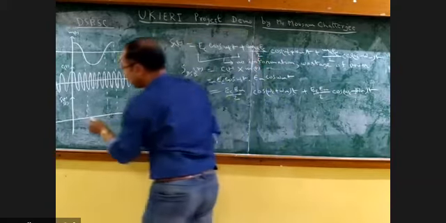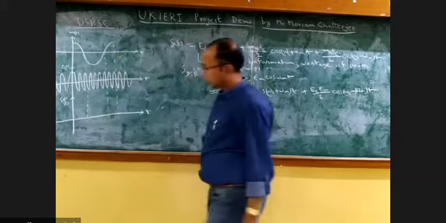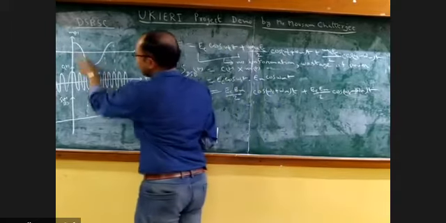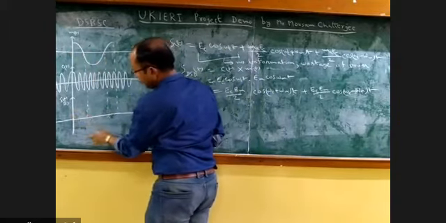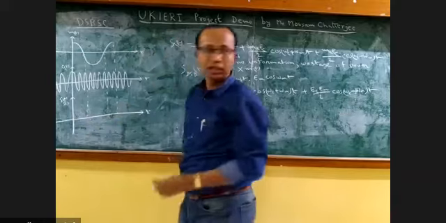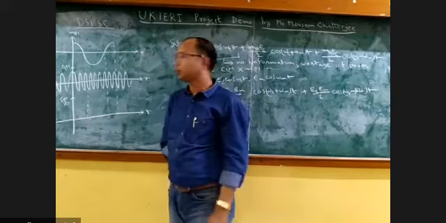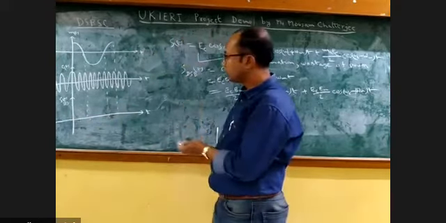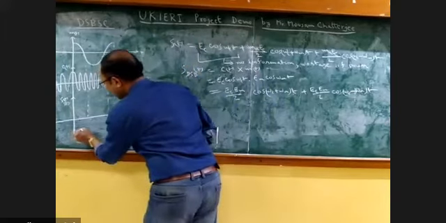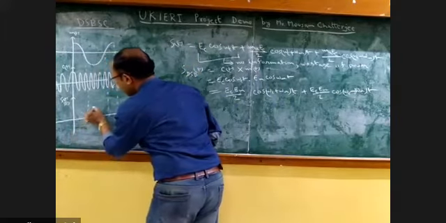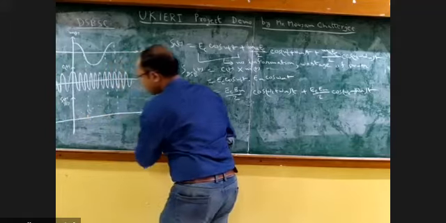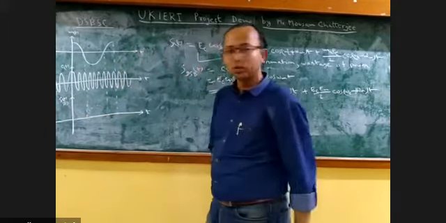That's why it is known as double sided suppressed carrier. So we have drawn one message envelope, and similarly at 180 degree phase shift, we draw another envelope.